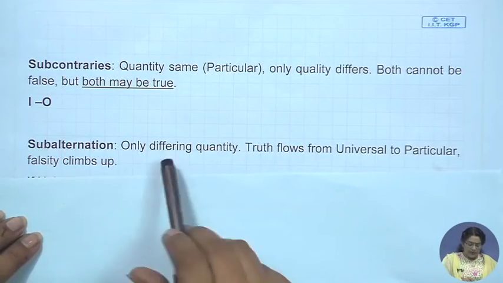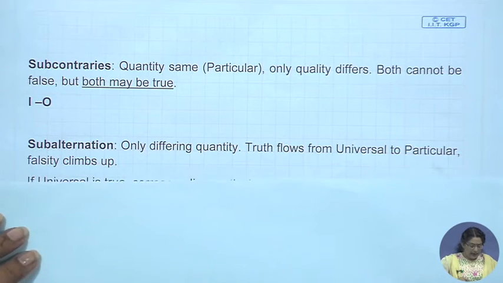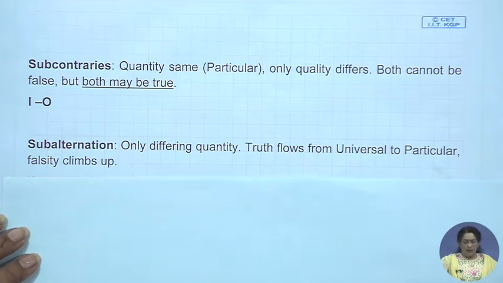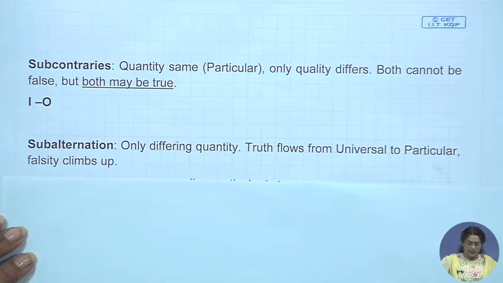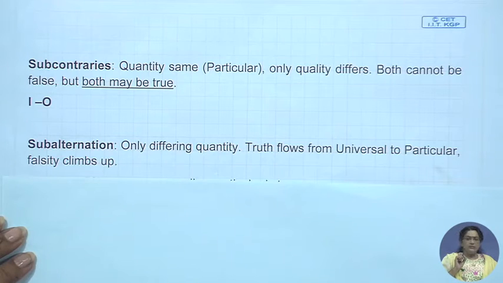The only difference is in quantity, right? Between A and I, you know that they are both affirmative, no difference in quality. E and O, no difference in quality, both are negative, but one is universal, the other one is particular. So, the quantity difference is there in subalternation.